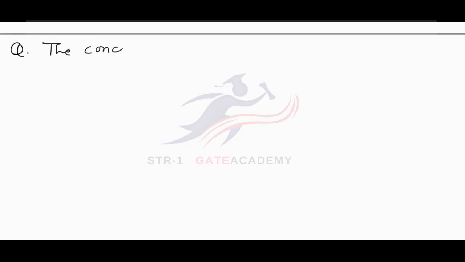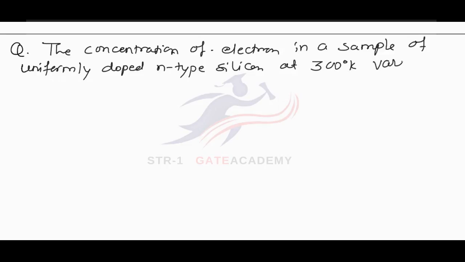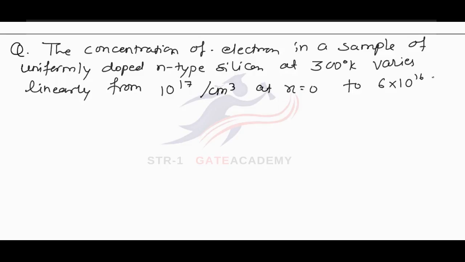The concentration of electrons in a sample of uniformly doped n-type silicon at 300 degrees Kelvin varies linearly from 10 raised to power 17 per centimeter cube at x equal to 0 to 6 into 10 raised to power 16 per centimeter cube at x equal to 2 micrometers.